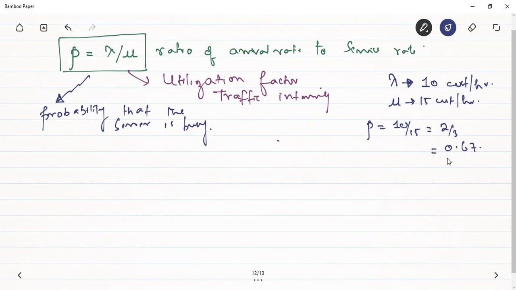So this 0.67 is the probability that the server is busy.